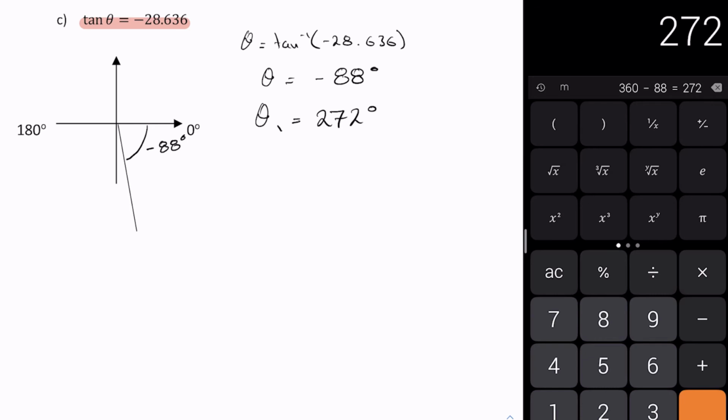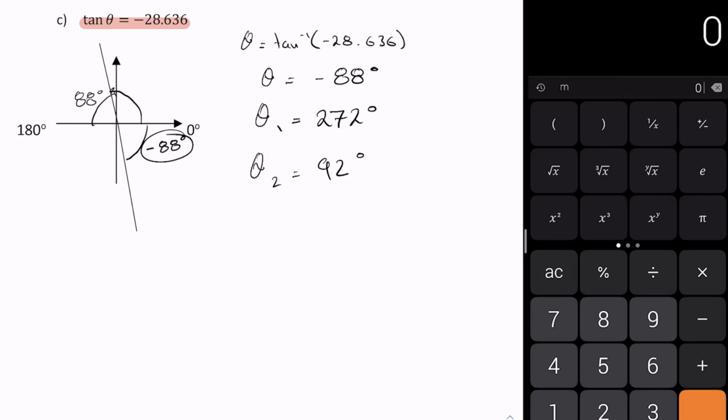Where else is tangent negative? Well, over here. And again, I'm using a reference angle of 88 because that's what I have over here. So 88 as well. And from here to here is going to be 92. So theta 2 is going to be 92 degrees.